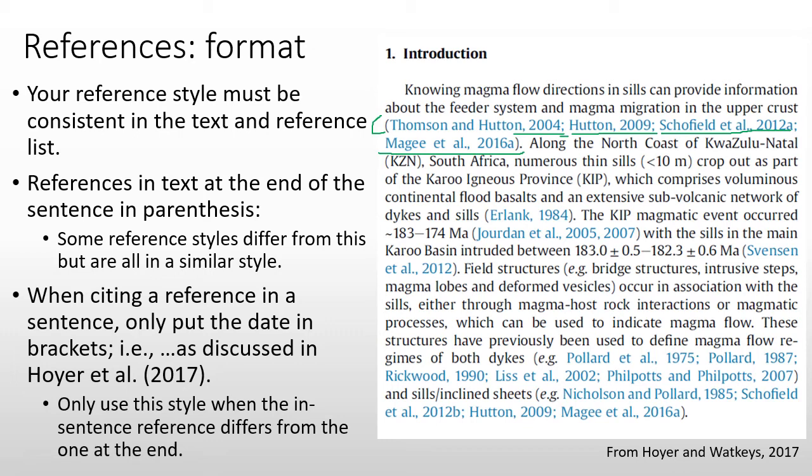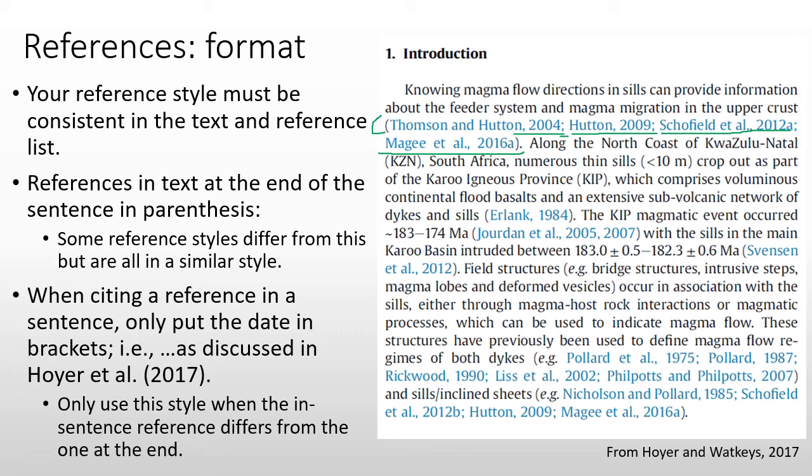So if you have the same authors and the same year, then you need to denote it using letters at the end of the year. So you can see A, and then further on in the text, there will be a B as well. So make sure that you don't confuse which one is which. That's the hardest part. And the first one referred to will be the one that gets an A. The second one will be B.